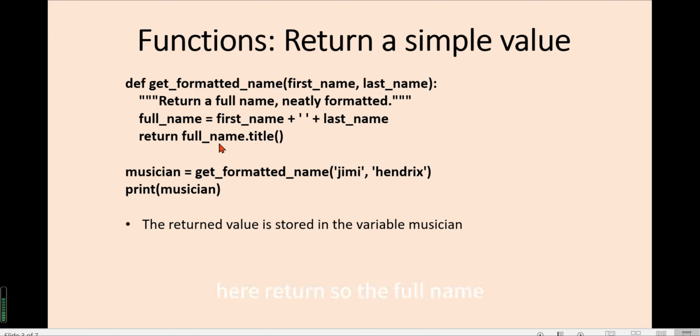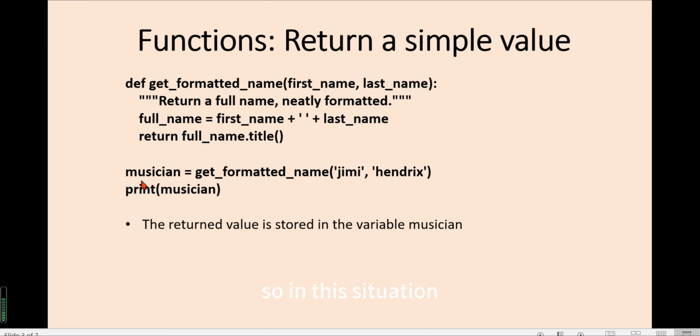Here, return. The full name's value will be returned to the variable on the line in which the function is being called. So here, musician is a variable and equals the return value of get_formatted_name. When calling this function, we input two arguments for the parameters, first name and last name.